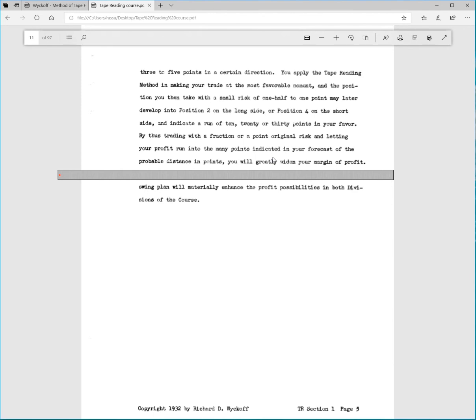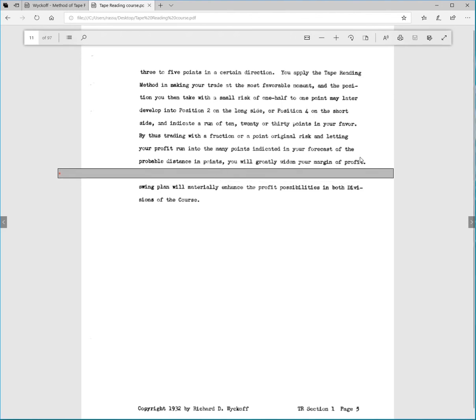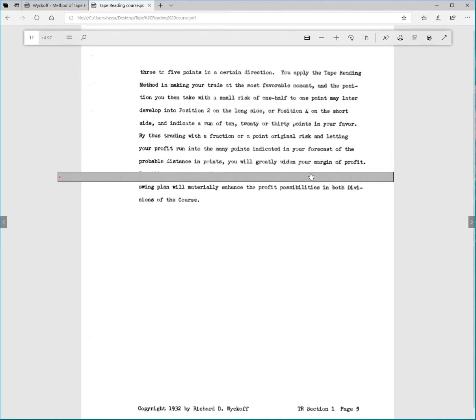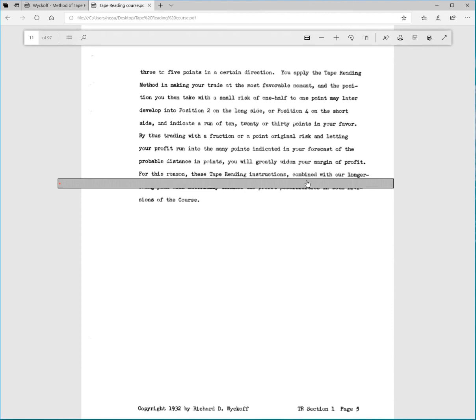Division 2 can be applied as a method of entering the stocks you've identified as good candidates in Division 1 of the course. Okay, and combining the two, you will increase your margin for profit, which basically means you have more reward, even much more reward than risk.